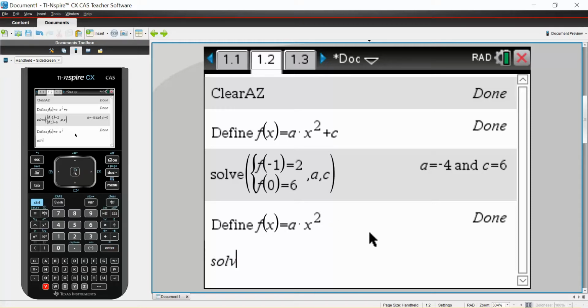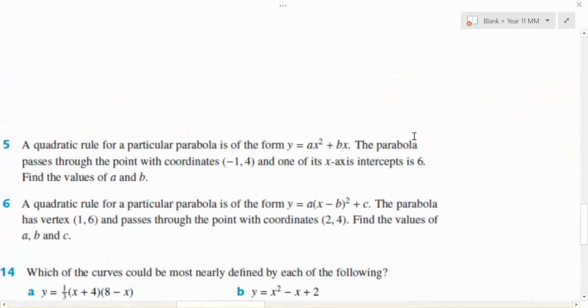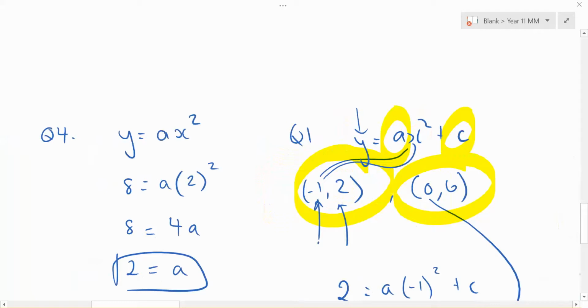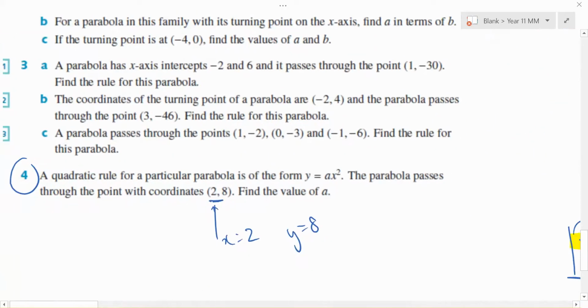Now I'm going to say solve. Same thing again, but in this case, you only have one coordinate to solve because you only have the letter a to solve. There's only one unknown, whereas in question 1, you can see that you had a and c. Because there's a and c, that's why you need 2 coordinates. In our case here, we only have a, so we only need 1 coordinate. So let's look at question 4 again.